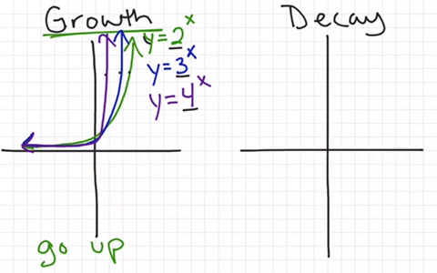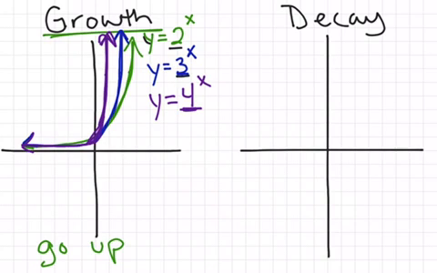So 2 to the x is the green, this one right here. And then as the number of the base gets bigger, it now goes up at a faster rate. As it gets even bigger, it goes up at an even faster rate. So when we're talking about the steepness of an exponential graph, we're talking about how quickly it grows.